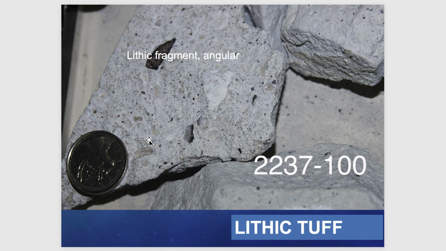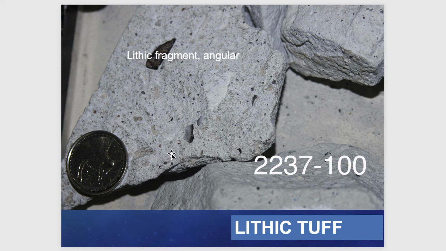In some cases, you might have pre-existing sedimentary rocks that are involved in the pyroclastic processes, and these will be trapped as fragments. In this example, I can see this dark gray fragment, but also more whitish fragments, and also more yellow-brown fragments.